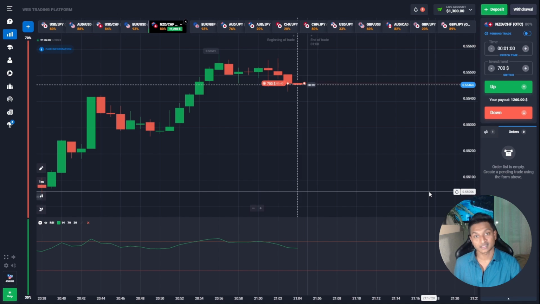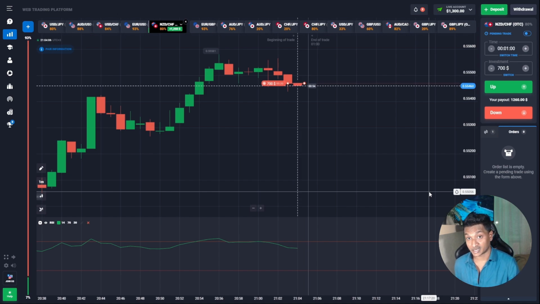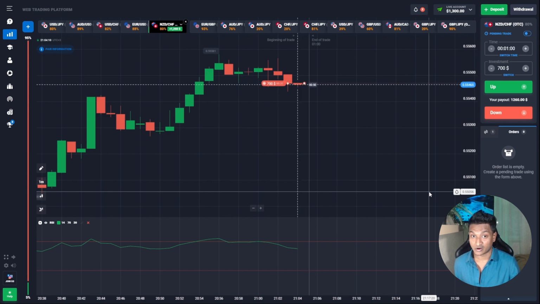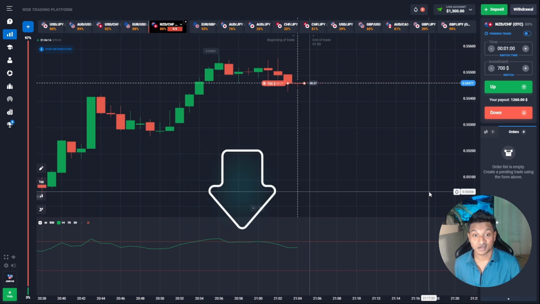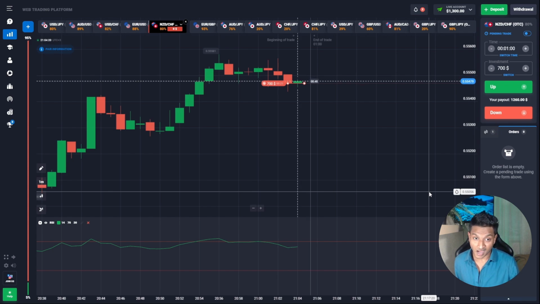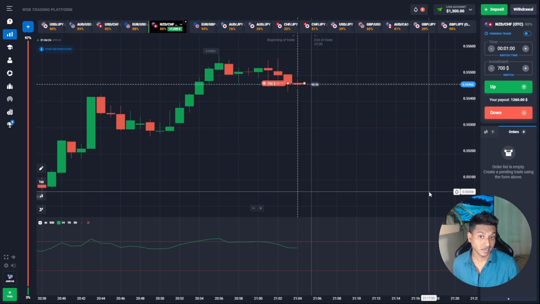After that, it's pushing down right now with the selling option, and that's why I decided to follow the trend, push down with $700 first investment. According to the RSI indicator below, it was in the overbought zone for a long time, and now it's pushing down. The market is behaving a little bit strange, a little bit weird, by the way.